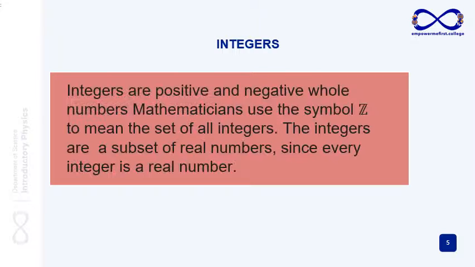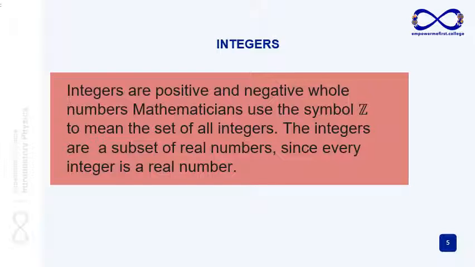We have another type of numbers called the integers. So what are integers? Integers are positive and negative whole numbers, and mathematicians use the symbol Z to mean the set of all integers. The integers are a subset of real numbers, since every integer is a real number.